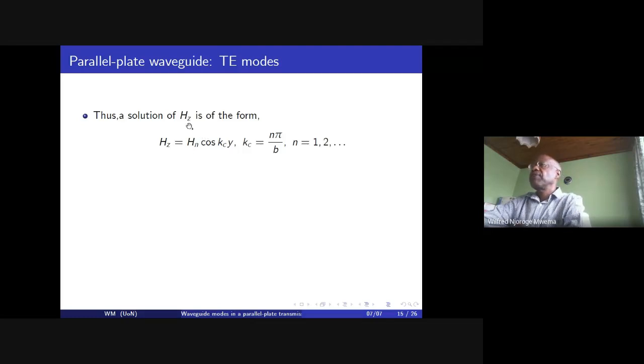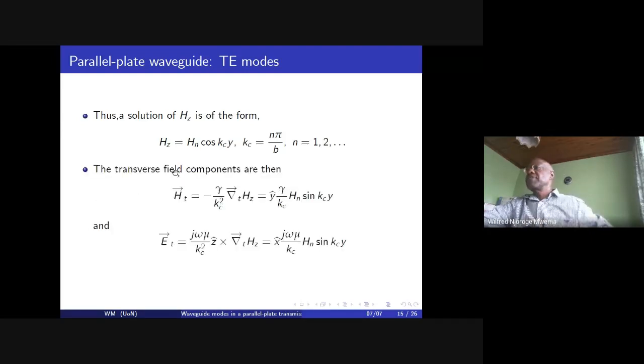And therefore, if we take the derivative of Hz, we are going to get a 0, and we'll have no electric field component at all in that waveguide. And therefore, n equal to 0 cannot be a solution for this particular case.